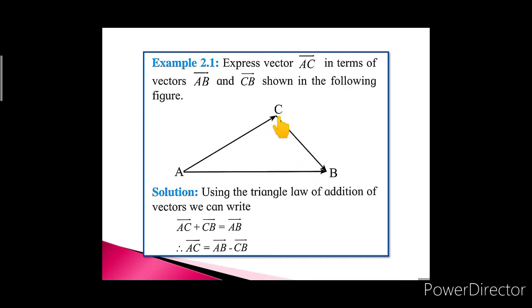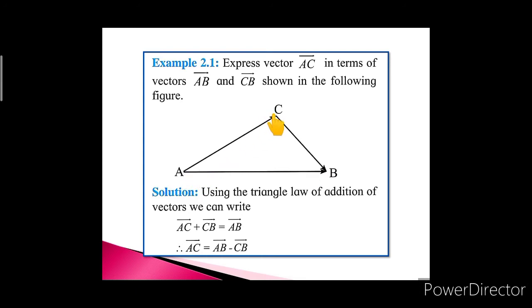The starting point of vector CB coincides with the end point of vector AC, and vector CB ends at the point B. Vector CB represents the second side of the triangle. So we can say that these two vectors are added together.